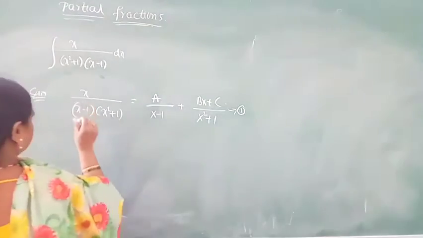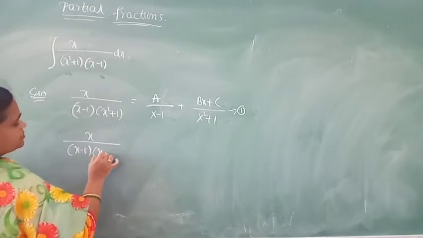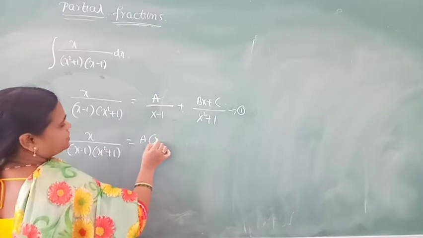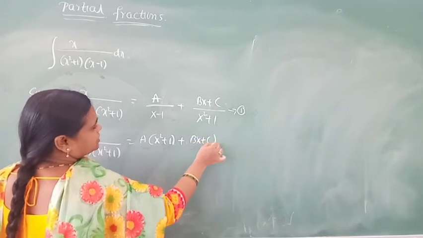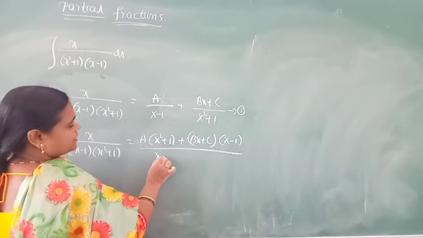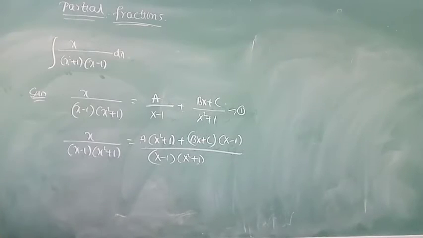Next, x is there, I will write x, and here x minus 1 times x square plus 1, and a is multiplied by x square plus 1 plus bx plus c is multiplied by x minus 1, and we get x minus 1 times x square plus 1, as usual same procedure.